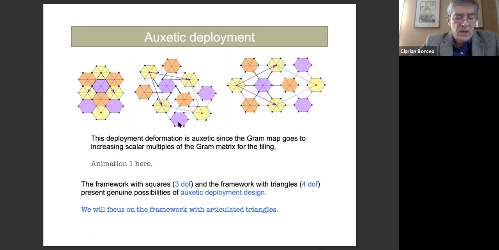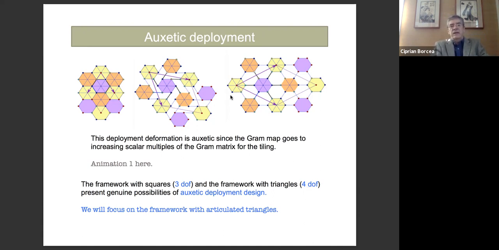I will try now to present the animation, but as I outline the count of degrees of freedom, we will see that if we apply this count to the framework with squares, we find 3 degrees of freedom, and to the one with triangles, 4 degrees of freedom.